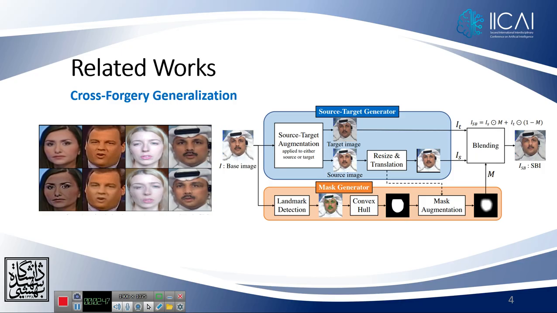Instead of combining different people's faces to create forgeries, which is what typical deepfakes do, they manipulate a single facial image to introduce subtle inconsistencies. Things like color mismatches, blending boundaries, and misaligned highlights. The outcome is on the left side of the slide.